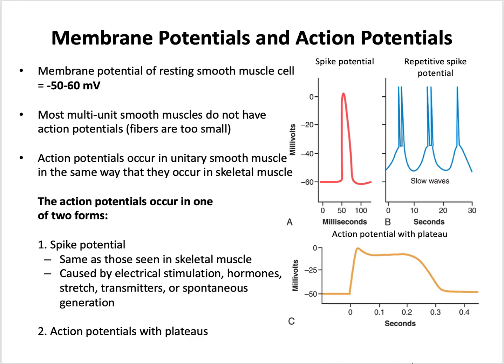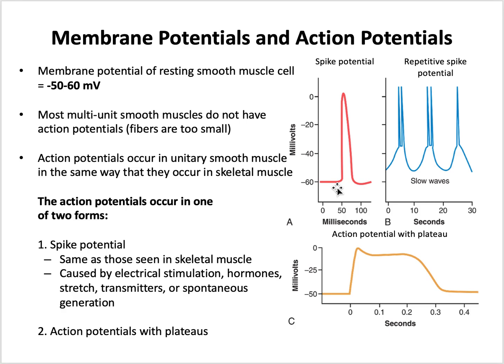And if you were to look at the profile of the action potential on the sarcolemma or on the axon of a neuron, the action potential profile would look like this, right? It's just a single spike potential, right? That's what it looks like on skeletal muscle cells. That's what it looks like on neurons.